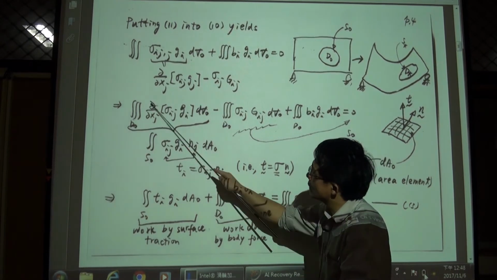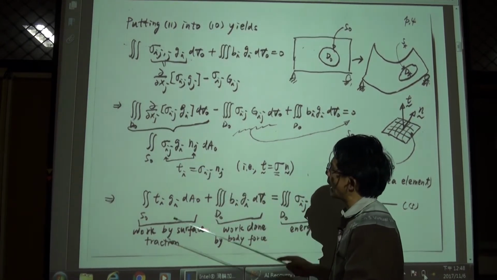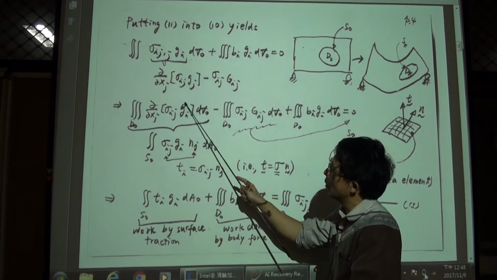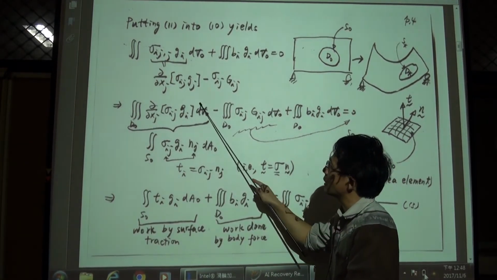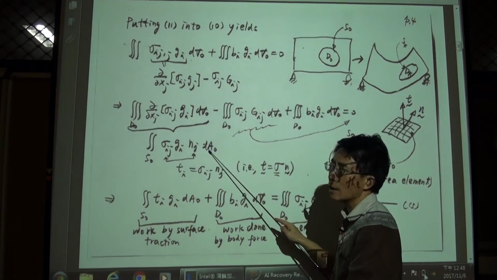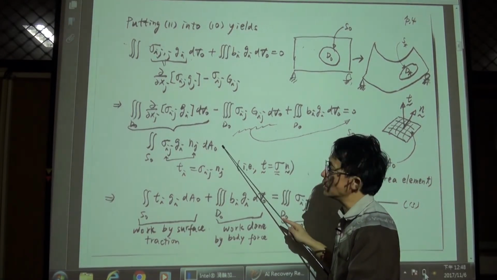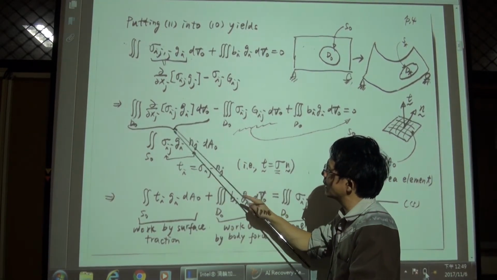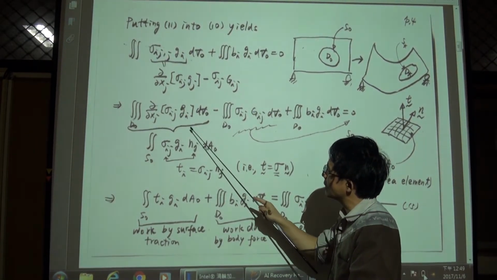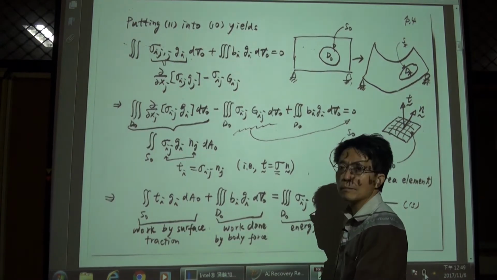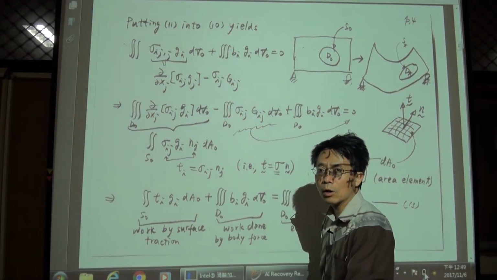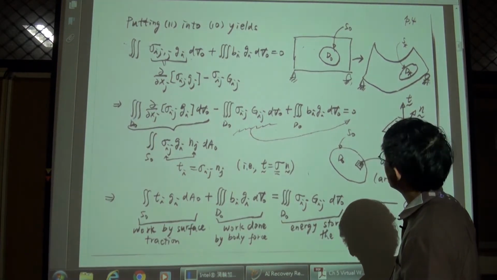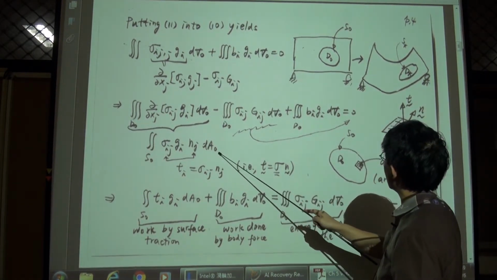According to the divergence theorem, we can turn this volume integral into a surface integral here. So now this is a surface integral. Then we put this one here and multiply it with a unit normal vector nj.